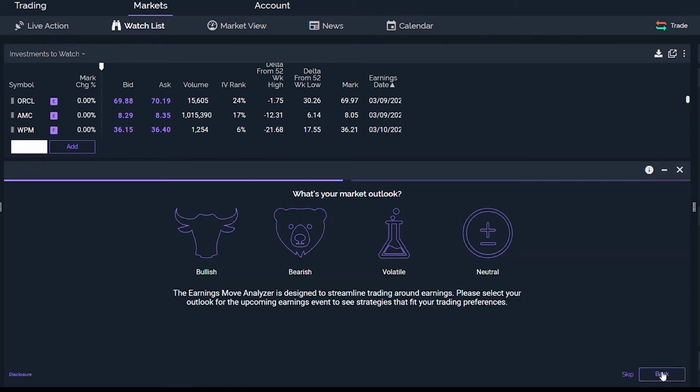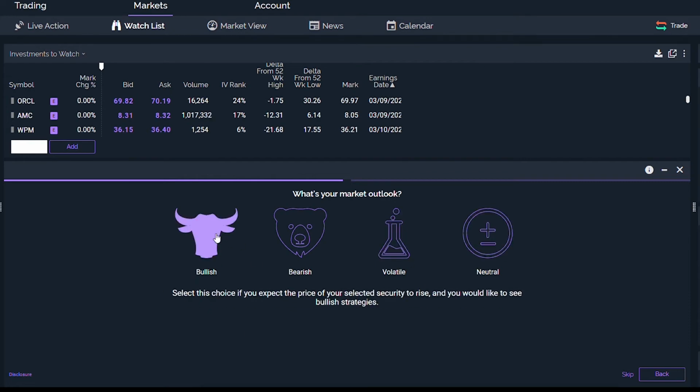After that, if we wanted to use this information to make an earnings play, we could just click the build trade button, and we can decide: are we bullish? Do we think the stock is going to go up after the earnings announcement? Do we think it's going to go down? Or is it volatility, where we don't know the direction? And then neutral.